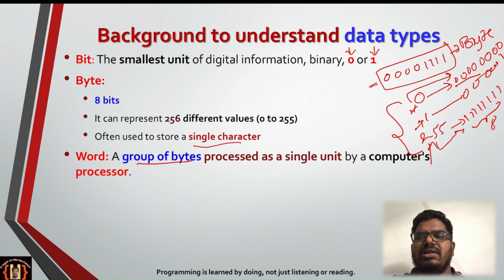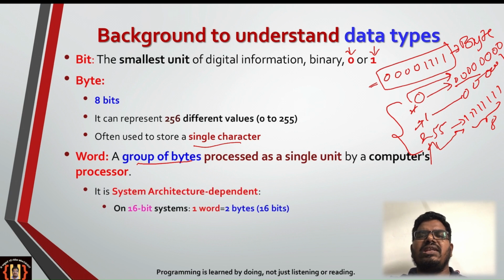Apart from the arithmetic operations, we have logical operations such as AND, OR, NAND, NOT. All these operations are performed by the CPU, that is the processor, on the word level, not byte level, not bit level. Means it is a unit of the processor. It's a fundamental unit of a processor, the word.